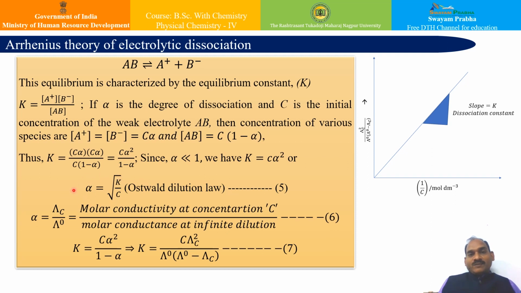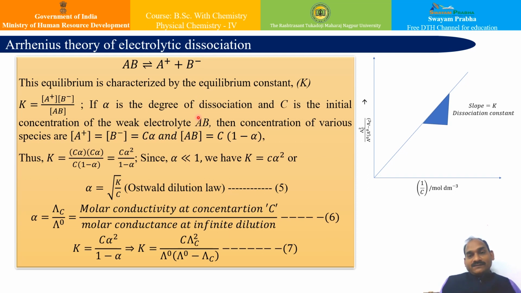This expression of alpha, that is the square root of K upon C, equilibrium constant upon concentration, is known as Ostwald dilution law. According to this law, the degree of dissociation increases as the concentration decreases.